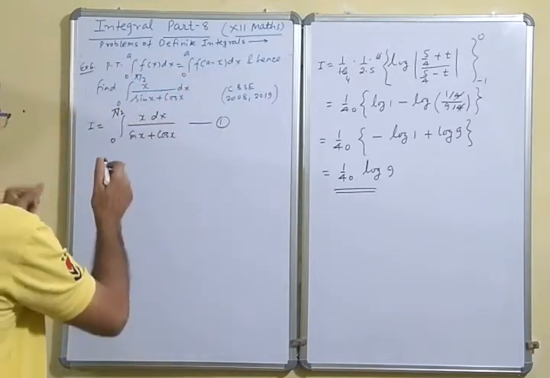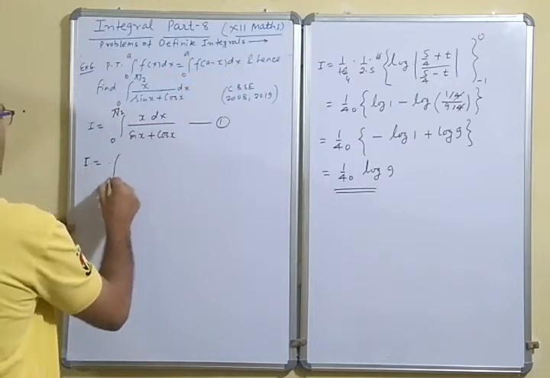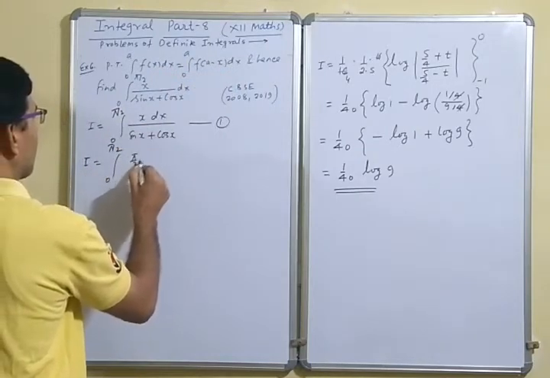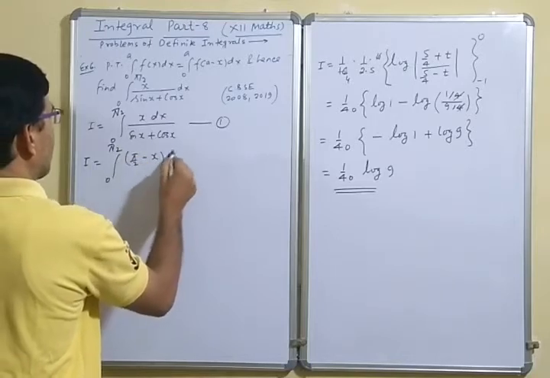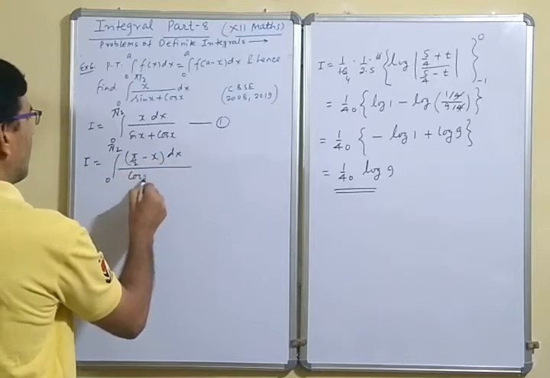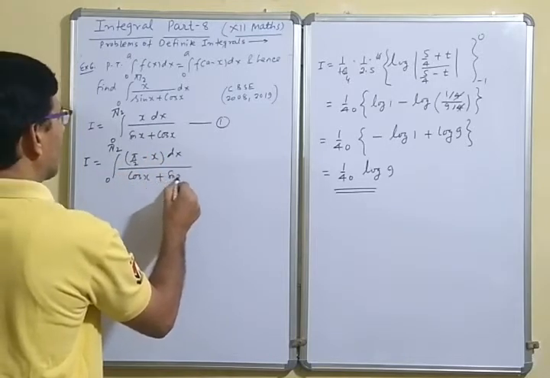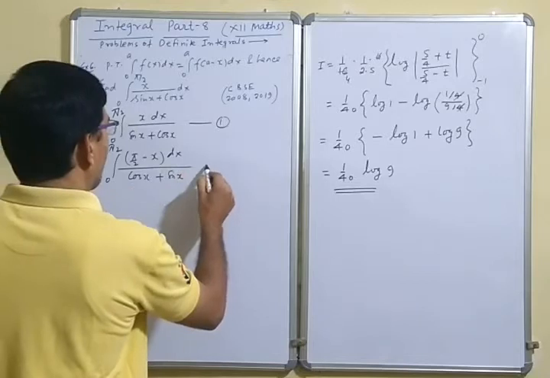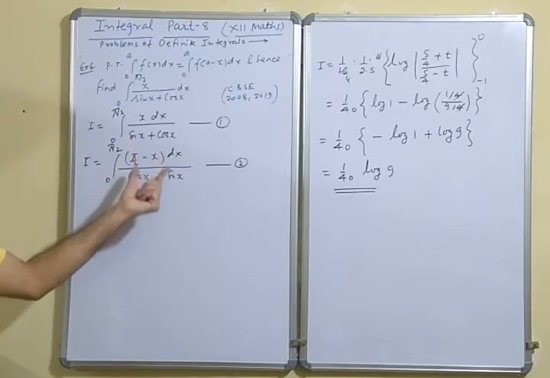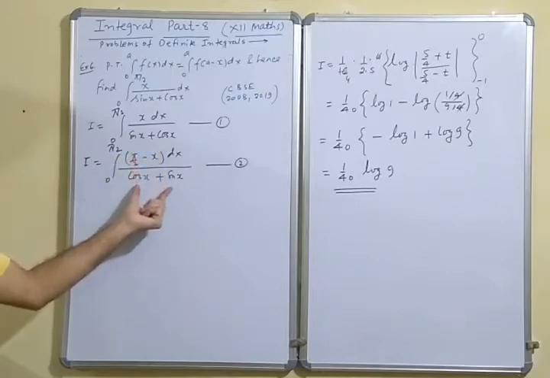So what it becomes? I becomes the integral from 0 to pi by 2 of (pi by 2 minus x) dx upon sin of (90 minus x), that is cos x, and cos of (90 minus x), that is sin x. That is equation 2. So in the denominator it is the same, both denominators are the same, so the LCM is the same.